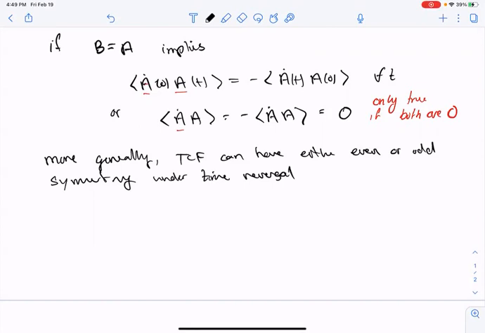Let's define observables and their time reversed counterparts with an A. So this is some function of phase space at some time.